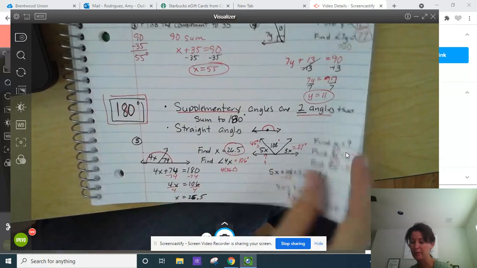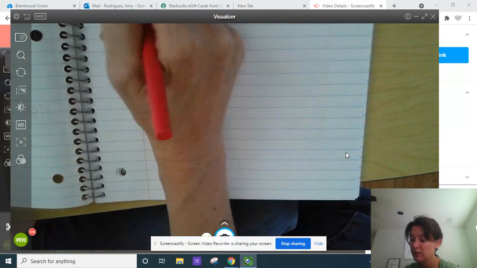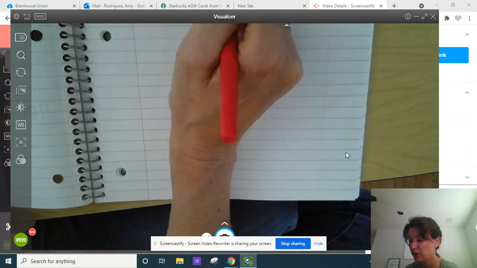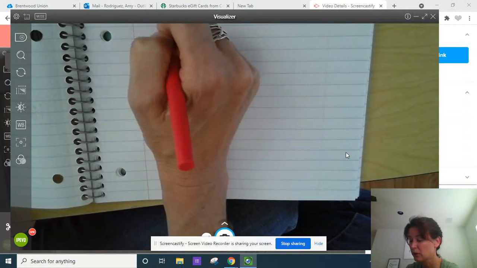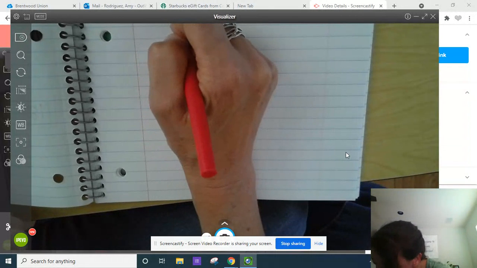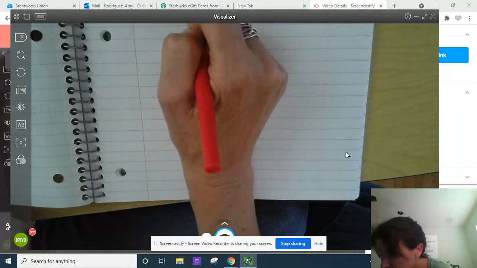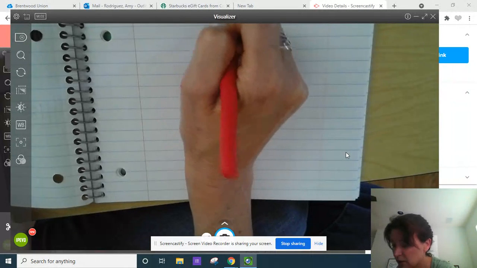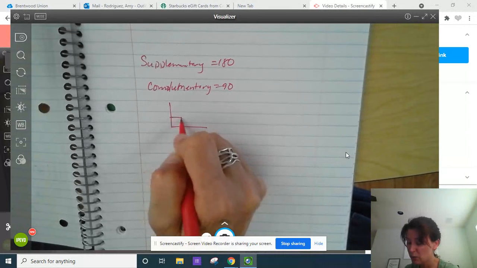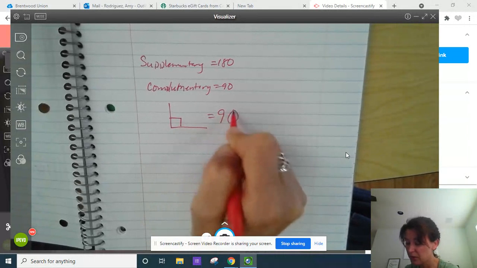So remember, if you see the word supplementary, think 180. If you see the word complementary, think 90. If you see a right angle mark, think 90.